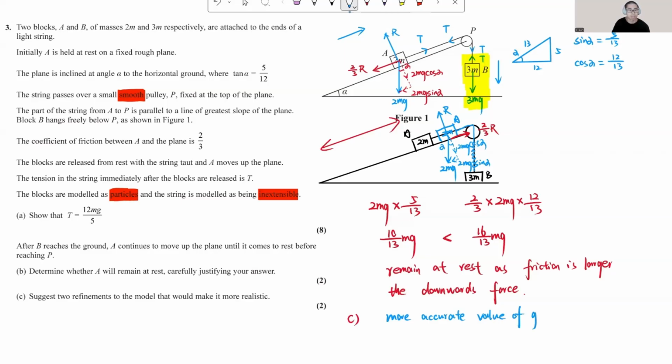That always works. Just saying something like this is fine. Since it's 2 marks, we say one: a more accurate value of g. Another one, you can say the string can be extensible. Both work.